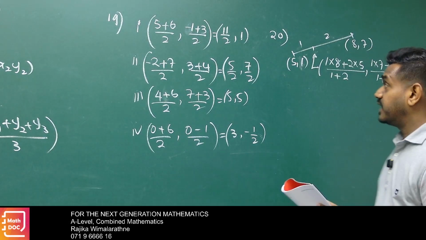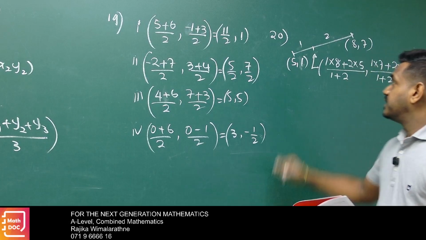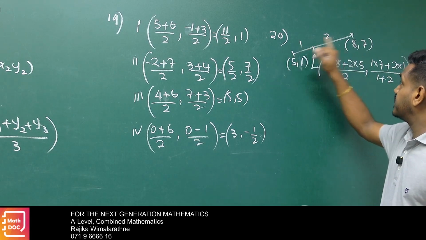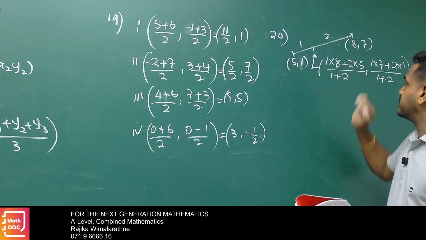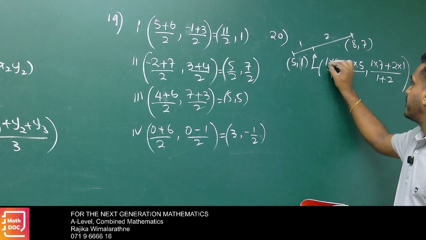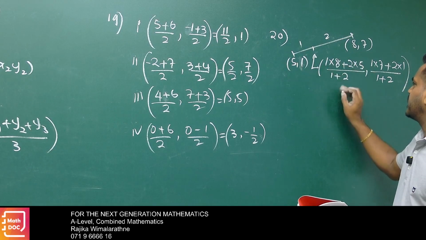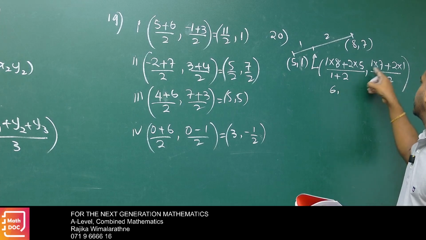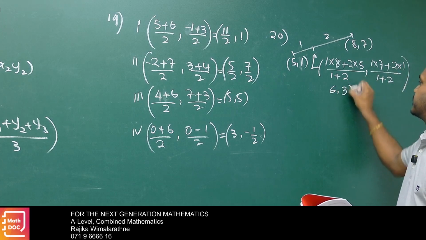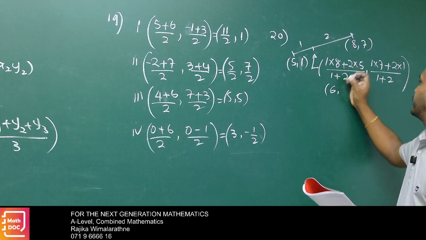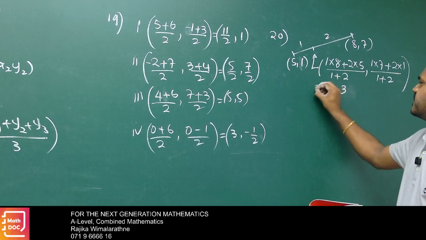When you find the y coordinate, you take only y coordinates. 1 multiplied with the non-related one, 1 into 8, 2 into 5, and divide by the ratio sum. Here 18 over 3, 6, 9 over 3, 3. So 6 comma 3.